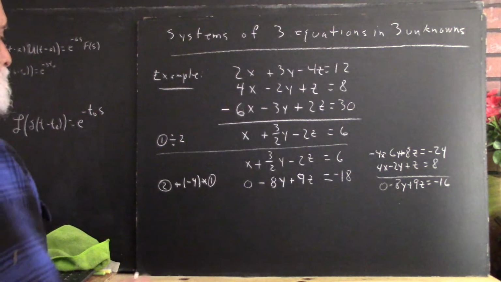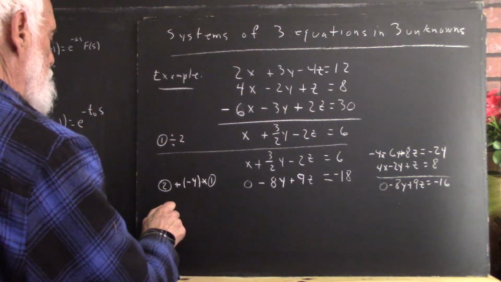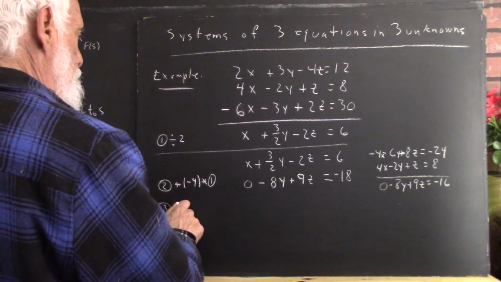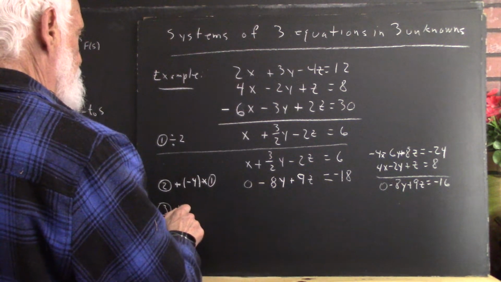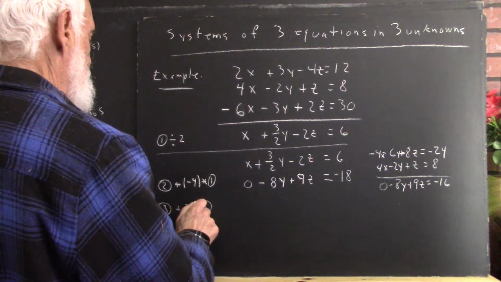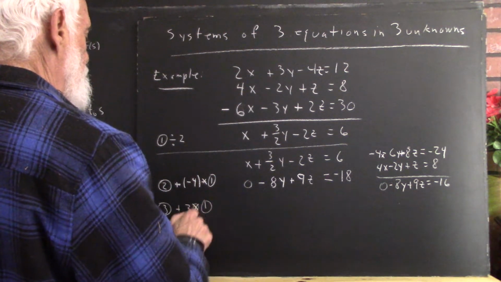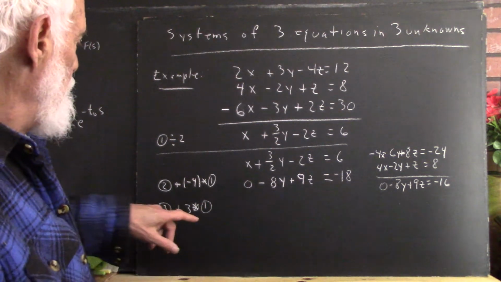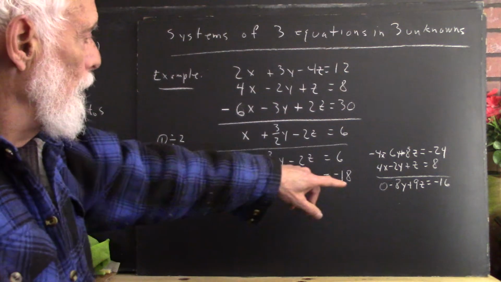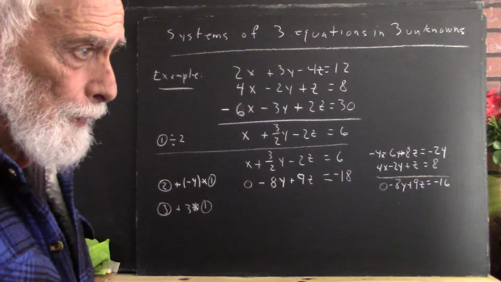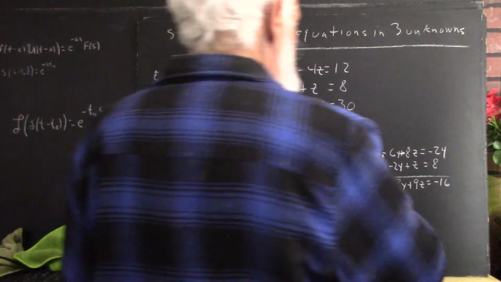Well then, I take equation 3 from before, and I add that to 3 times equation 1, and maybe I write it out off to the side someplace to make sure I get it right, instead of doing it in my head.